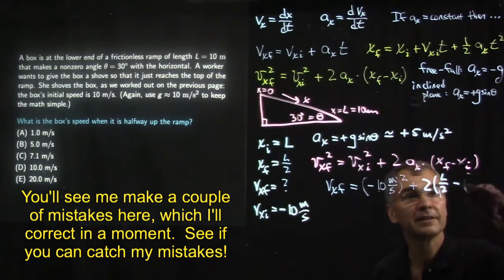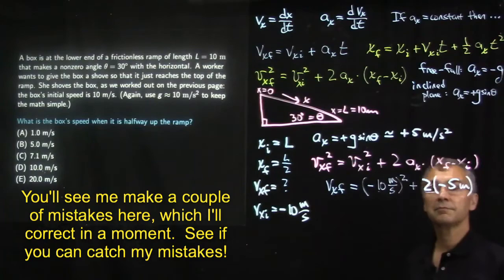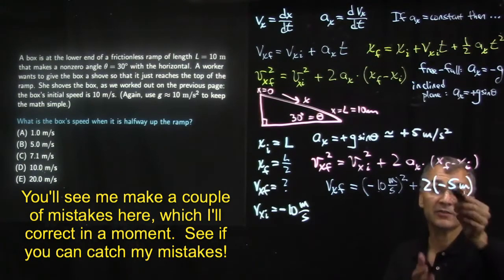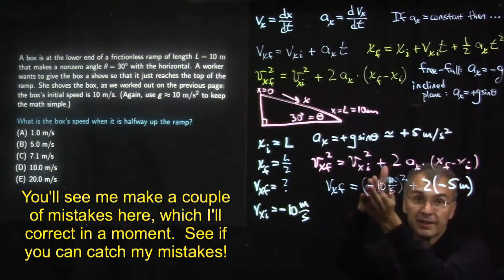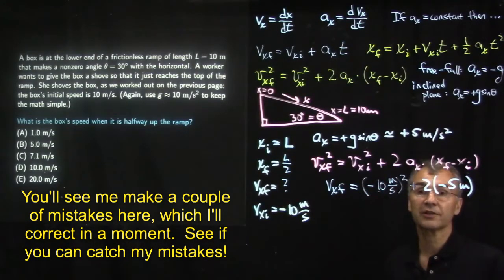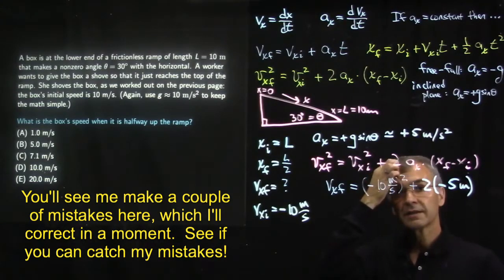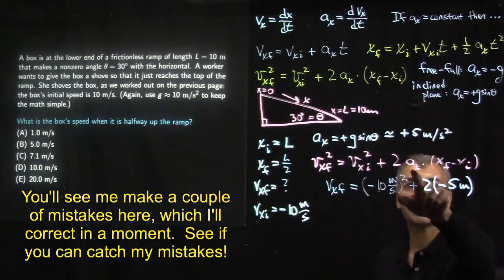Instead of writing another line, I can say this is minus 5 meters. In fact, this is x final minus x initial. So it started out at 10. It moved up to 5. So it was displaced minus 5 meters in the x direction. Oh, we forgot to write down a sub x.